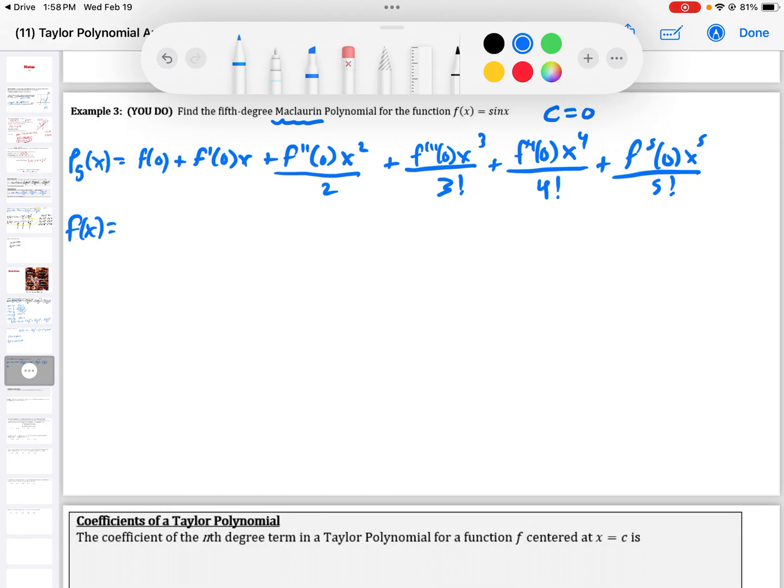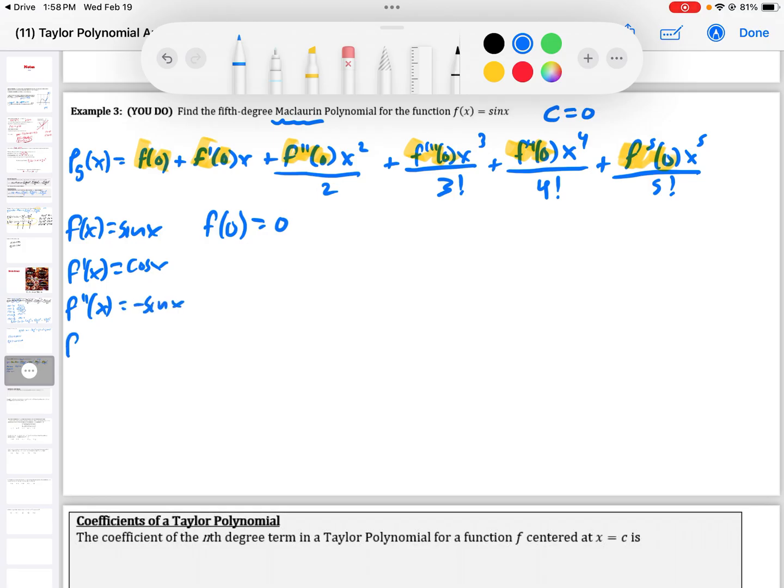All right, now the next step is write out all the values that you're going to need to plug in here, here, here, here. That's what you've got to find. So sine of 0 is 0. The derivative of sine is cosine.